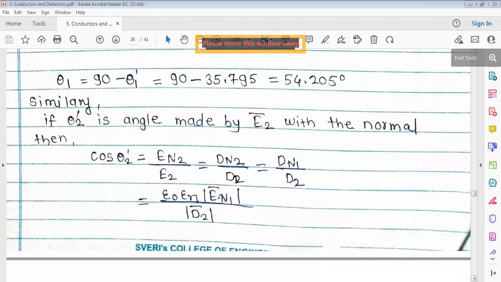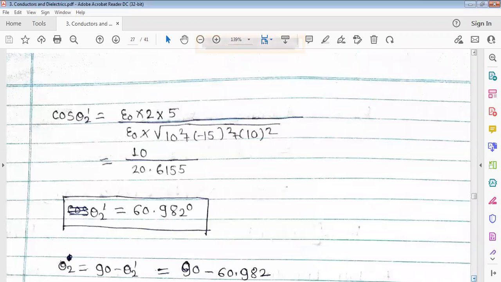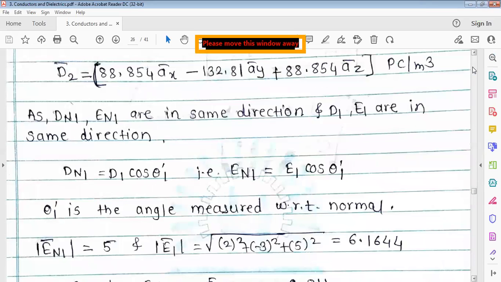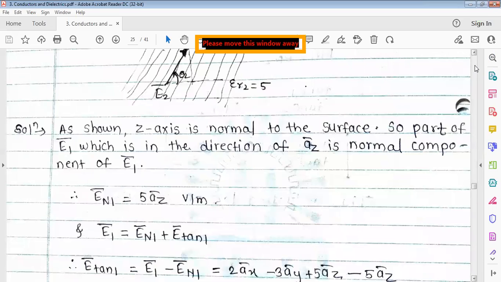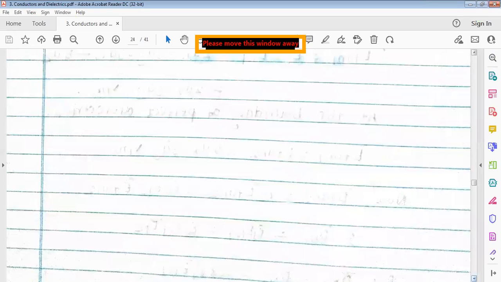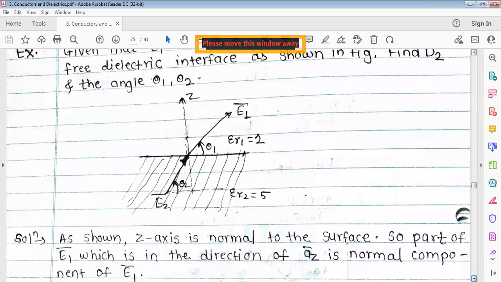So here I'll show that figure. Here this theta 2 is given.